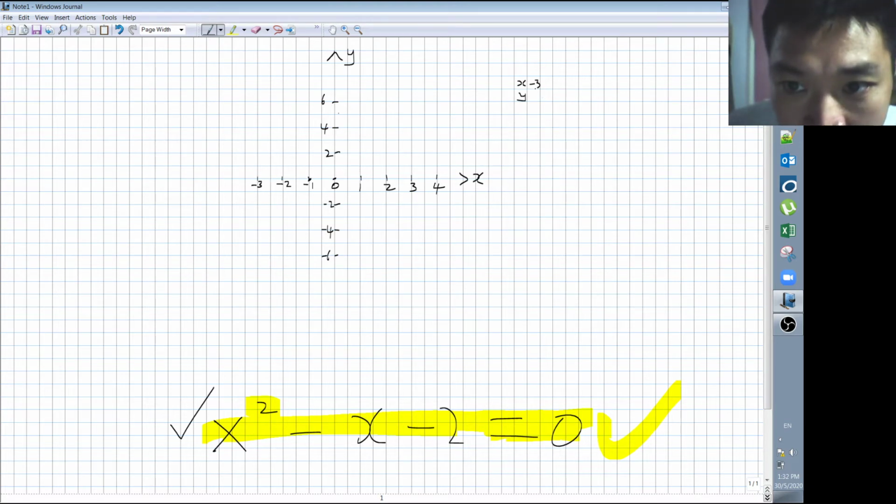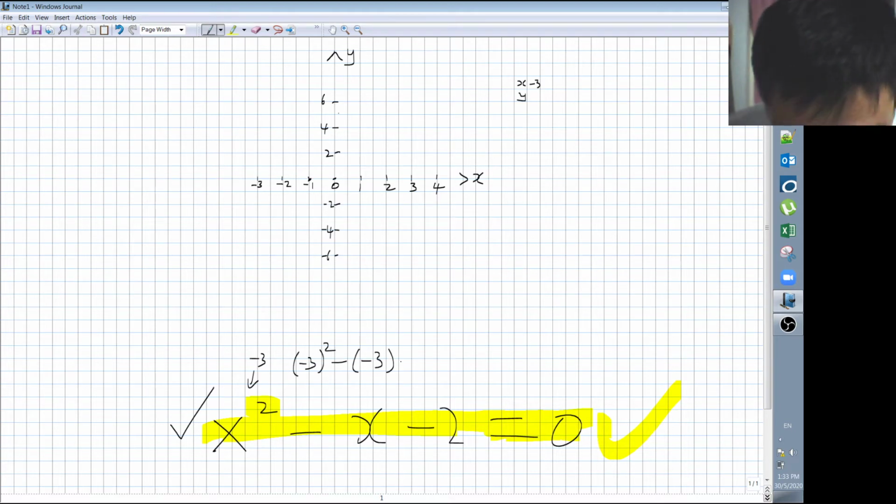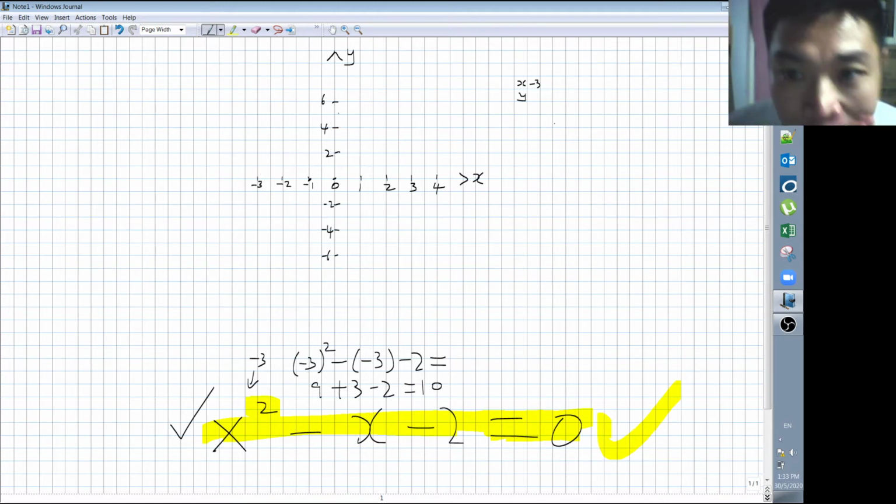When x equals minus 3, you sub your minus 3 into this equation. So what do you get? You will get minus 3 squared minus minus 3 minus 2, and you get 9, minus minus is plus, so you will get 10, right? So when your x equals minus 3, your y is 10.